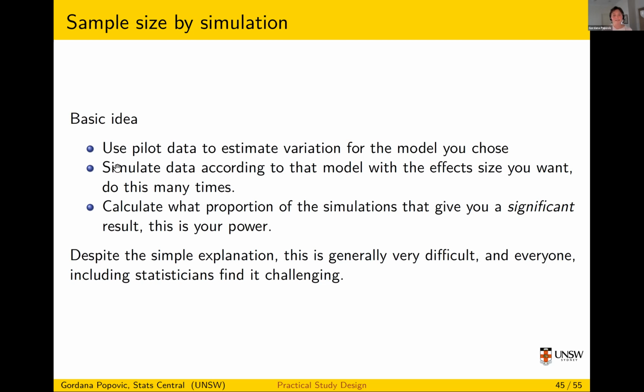So you simulate as if from a population with that effect size, but the variation is estimated from the pilot data. Then each time you simulate a data set, you do an analysis, you see if you get a significant p-value, and you calculate what proportion of simulations give you a significant p-value. And this is an approximation of your power.